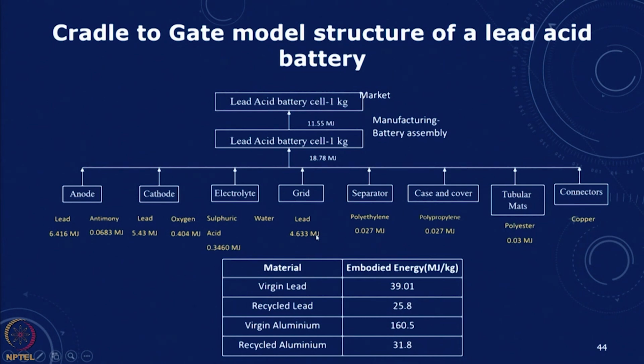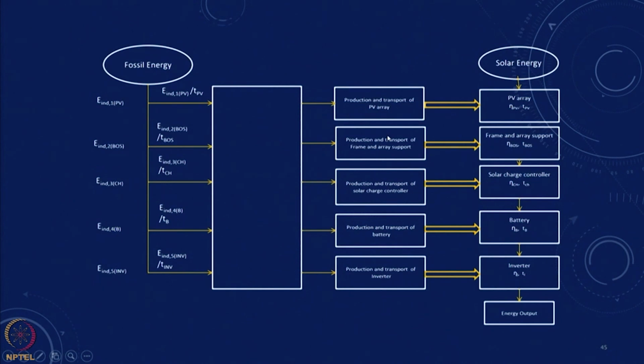For each of these, in the case of lead, it is a question of how much is actually purchased and extracted and how much is coming from recycled, and that fraction affects the overall calculation. Similarly for aluminum and recycled aluminum. So these factors can be varied, and the numbers will change based on this. You can see all the different components: separator, tubular mass, connectors, and the assembly of the battery, all of that is put into it.